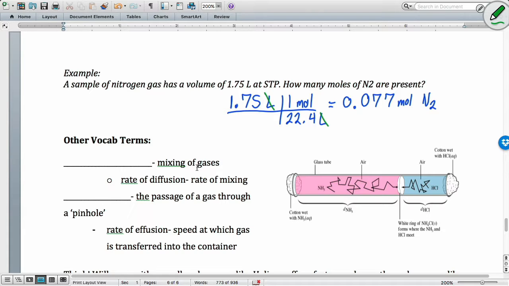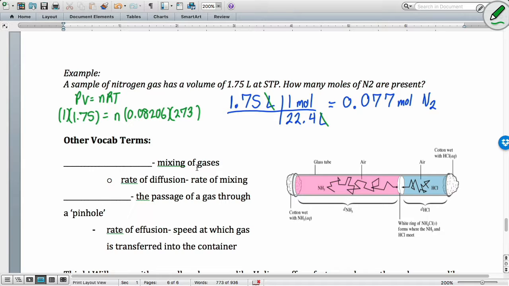And just to prove this to you guys, I want to plug it into the ideal gas law real quick. PV equals nRT. The pressure at STP is 1, volume is 1.75, n is what we're trying to find, R is 0.08206, and temperature at STP is 273 Kelvin.